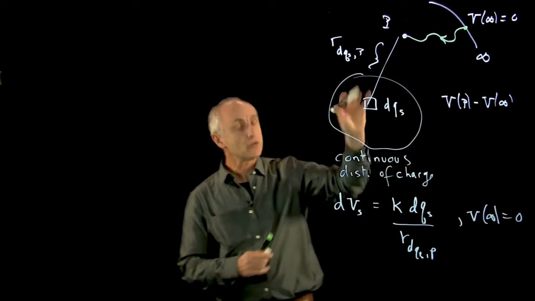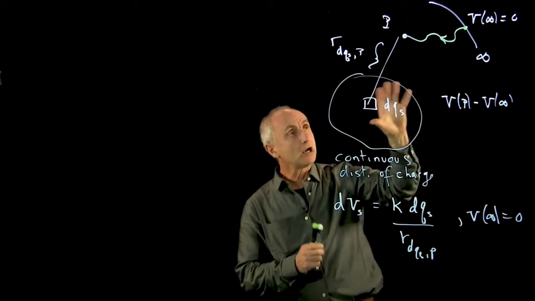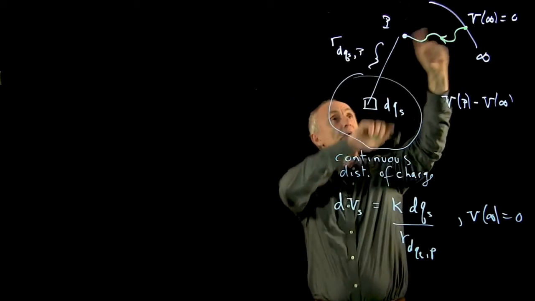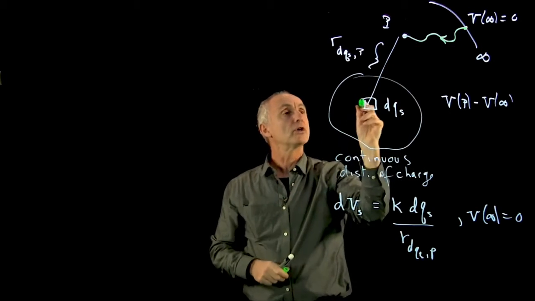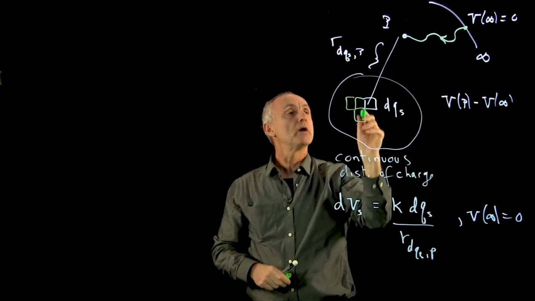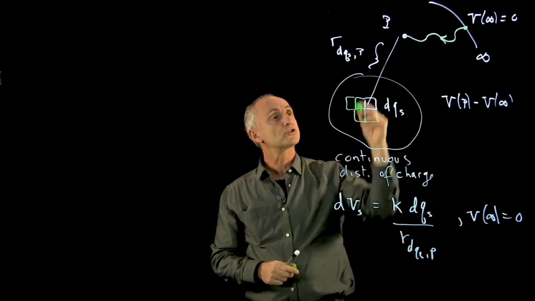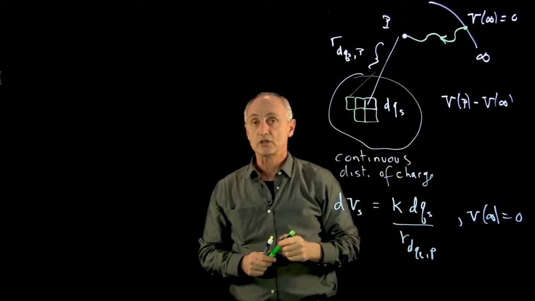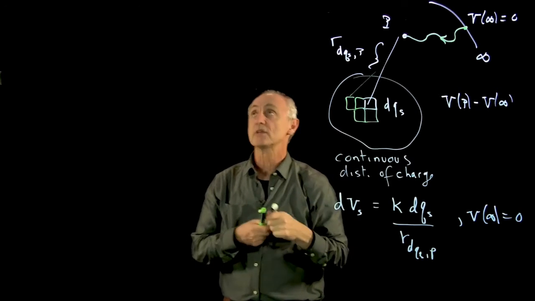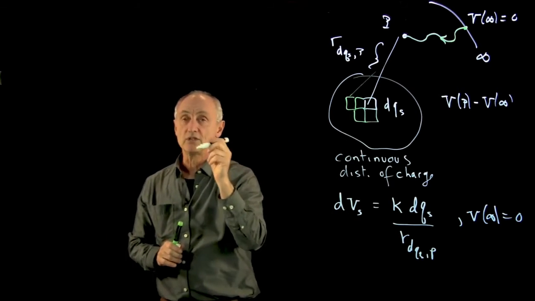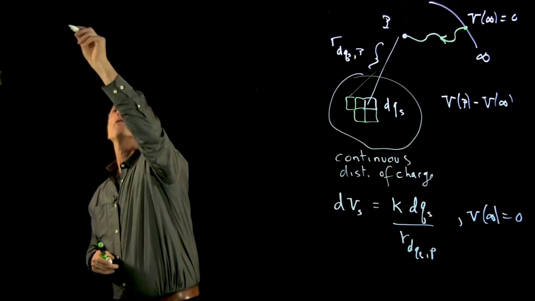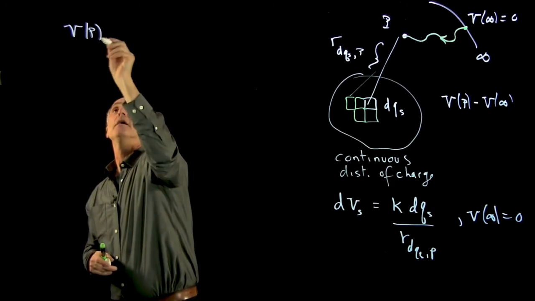And now when we want to calculate the entire potential difference between infinity and r, all we're going to do is add up the effect of all these source charges. The distance r can certainly change for these various elements, and what we get is a continuous integral, V_P.